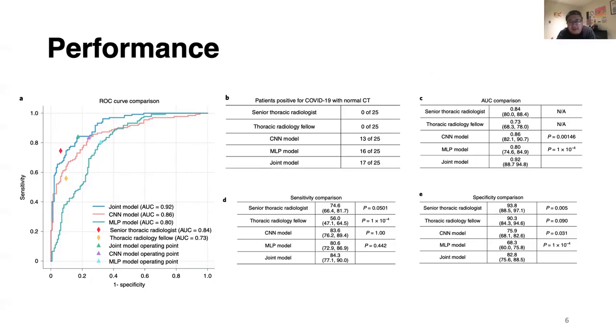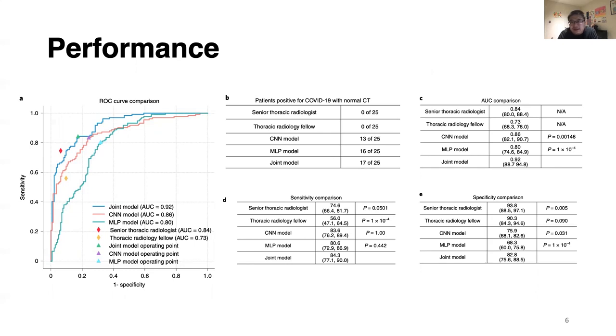And table B is a comparison of success rates of diagnosing patients who are positive for COVID-19 with normal CT scans. And radiologists were provided with both CT imaging and clinical information in making their diagnosis. For tables C to E, there are comparisons of AUCs, sensitivities and specificities achieved by the AI models and radiologists.